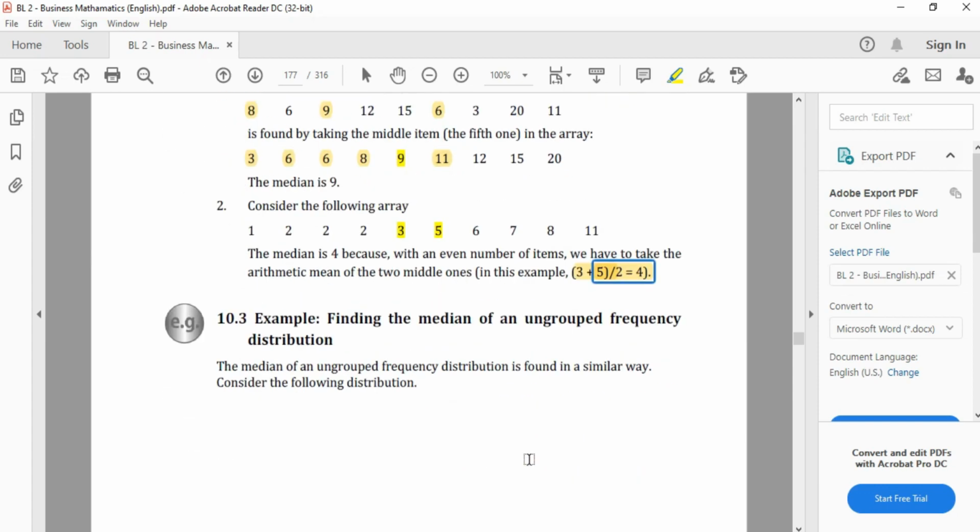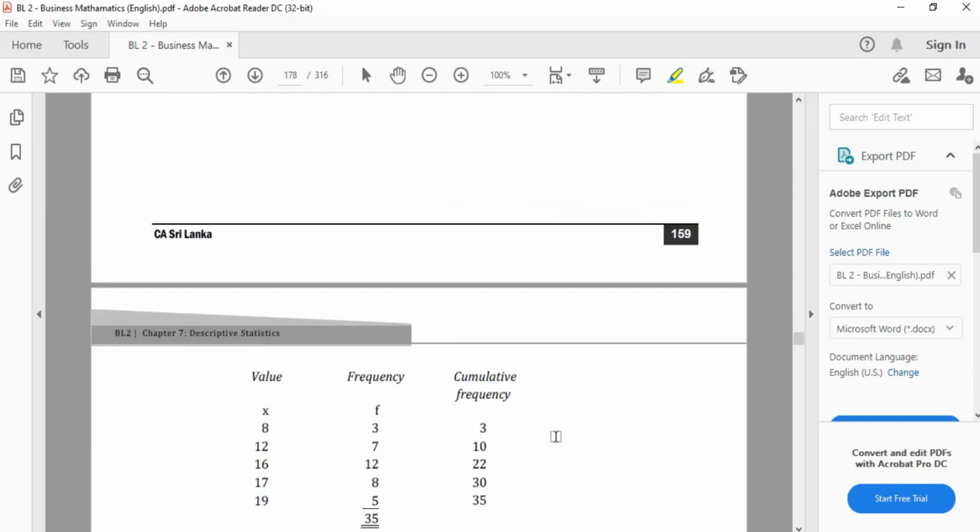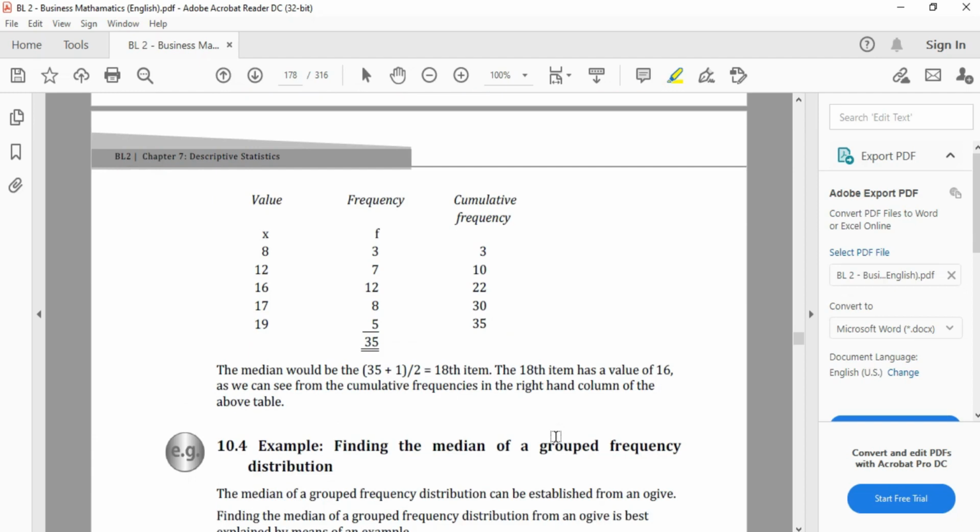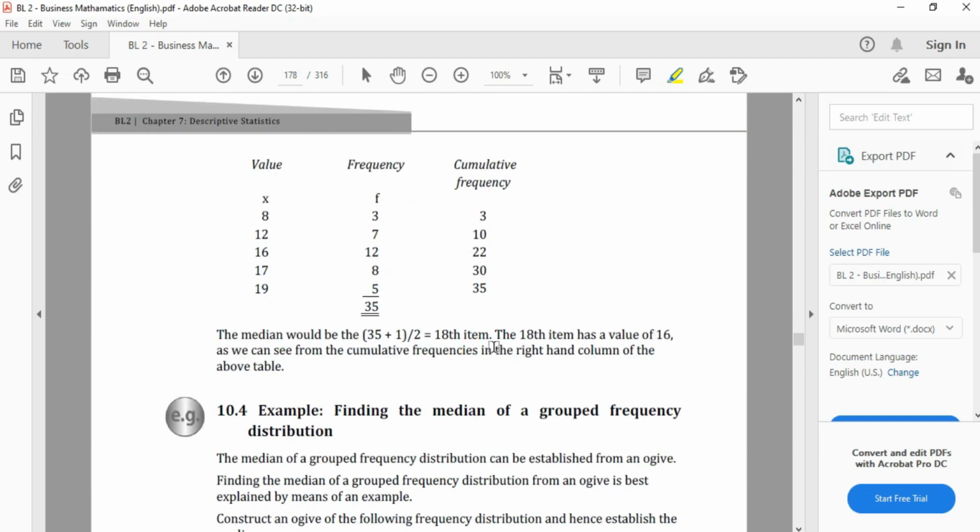Okay. Let's see. Medians of ungrouped frequencies are found in a similar way. So you have your frequency and the cumulative frequency. Now, how many items are there? You must remember, frequency is the number of items in a data set.